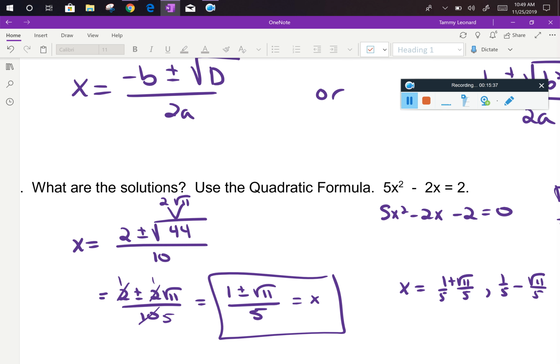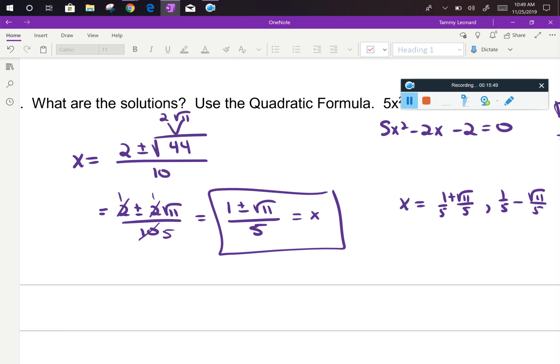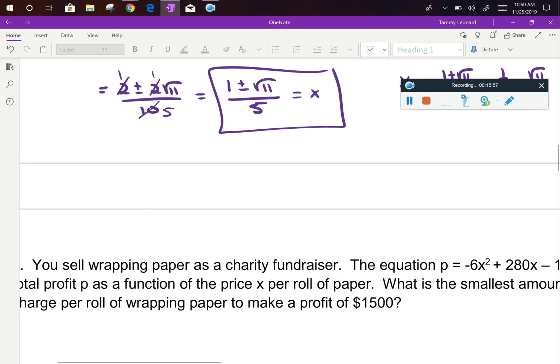So your book's going to write it out that way. I don't feel like that level of tedium is necessary on every problem that you do, but you should be aware that that's how the book's probably going to do it. Everybody okay? All right. And if you were taking the SATs and it was multiple choice, it would be important that you recognize that as being the same as what we've written. Okay? All right.